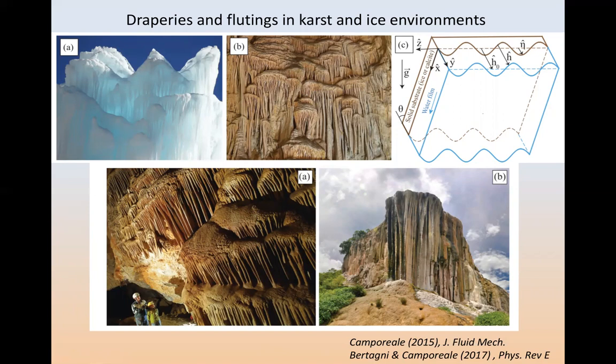Of course, this is, again, a standard problem, the Rayleigh-Taylor instability, but in this case we are focused on the presence of a stream, the presence of a current, and of course we are focused on the morphological instability.